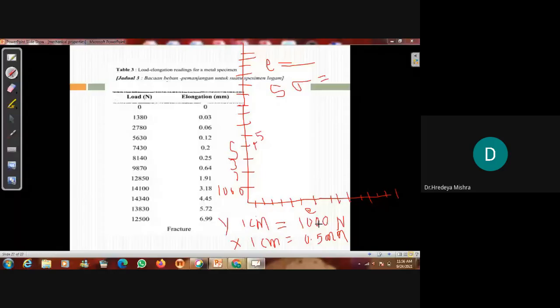Okay, so in the y direction, 1 centimeter equal to 1000 Newton, because there is 12,000.